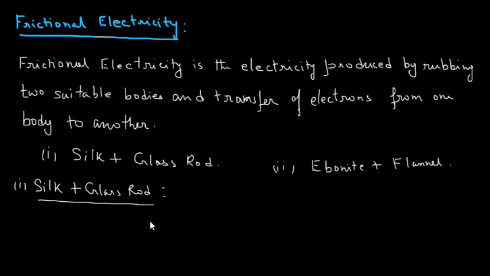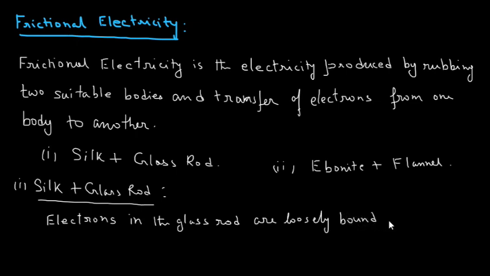When a glass rod is rubbed with silk, the electrons in the glass rod are loosely bound compared to the electrons in the silk.